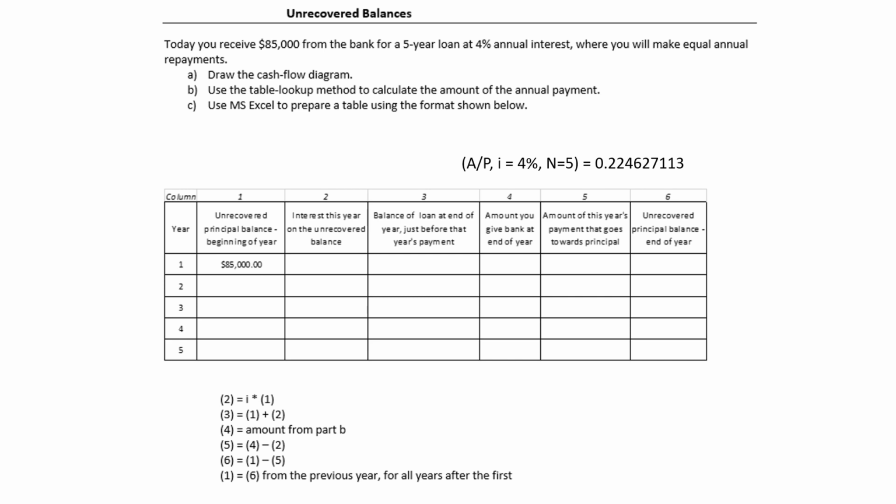So I give you the formula that you should use to set up each of the calculations, and then I'm asking you at first to calculate the payment amount using this factor that I've provided. So the factor for find A given P at 4% interest and N equals 5 is 0.224627113.